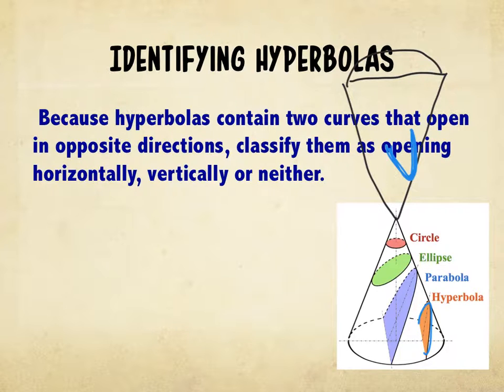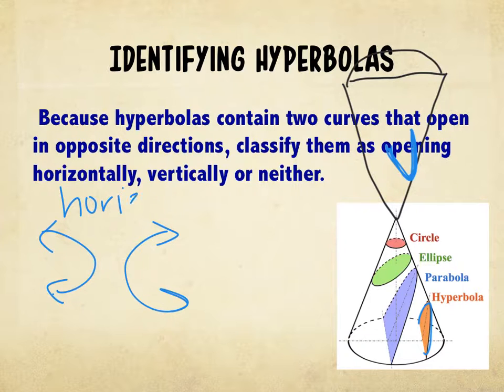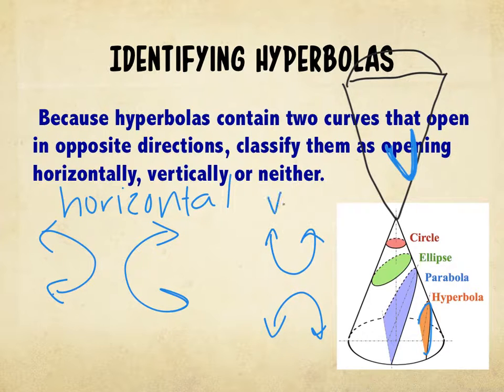Horizontal would be this way and this way. This would be a horizontal hyperbola. Vertical would be up and down. And obviously, if neither of those, then it would be neither.